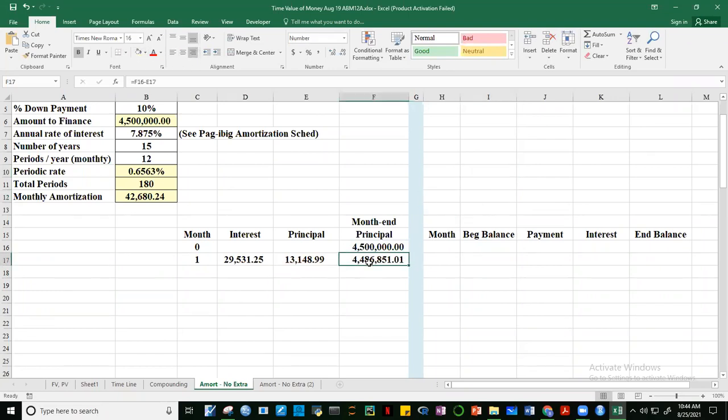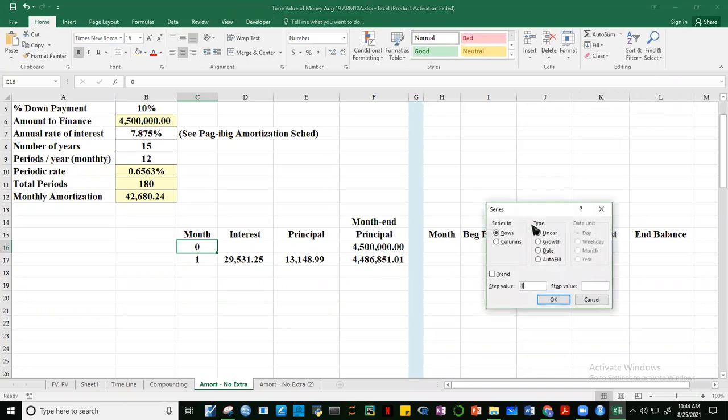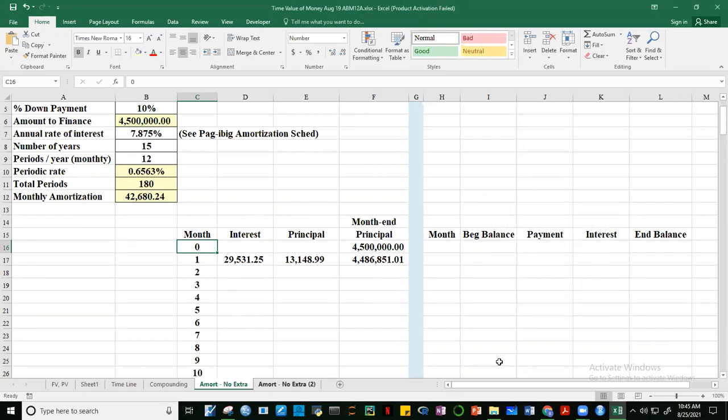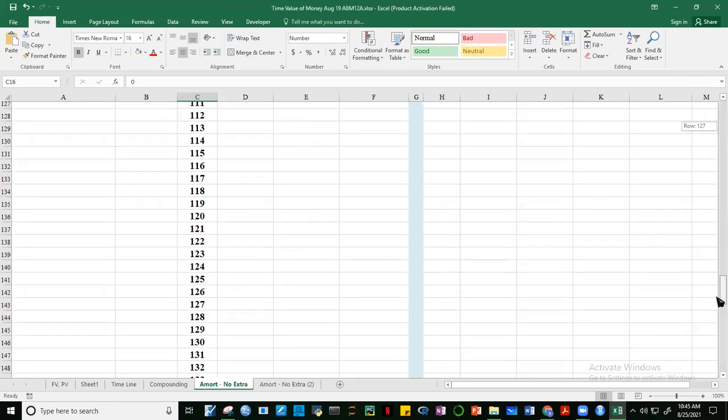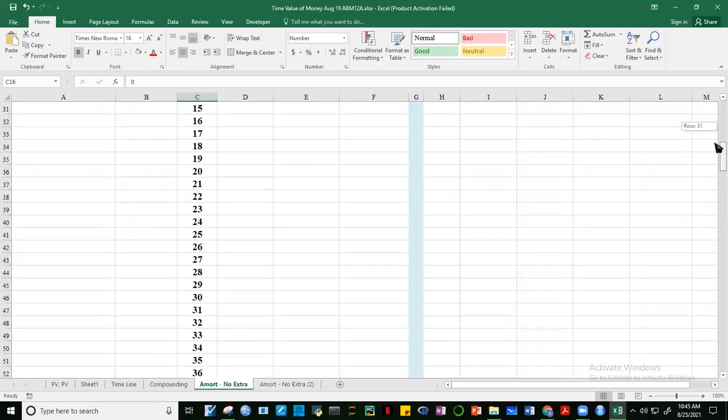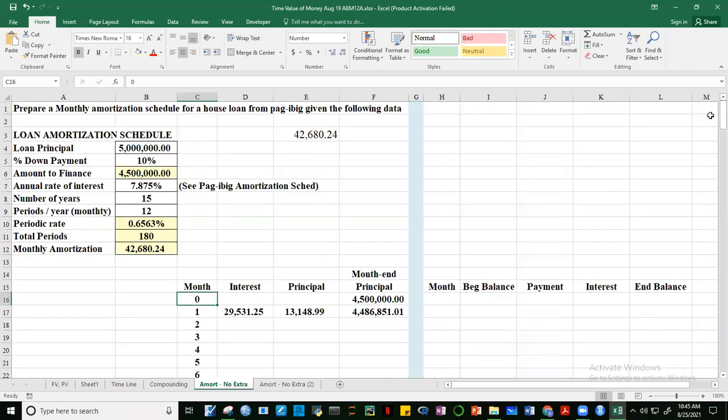Alright, then I'll just put here, ilang payments ba tayo? 180. So let me, home, fill, series, columns, step value 1 hanggang 180. Naalala nyo 'to? Para mabilis, 180. There. So hanggang 180 na yan. 180 payments kasi tayo. Okay.